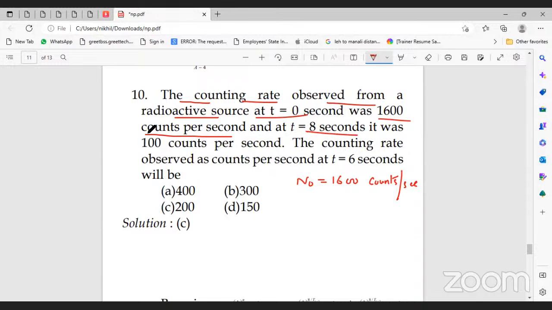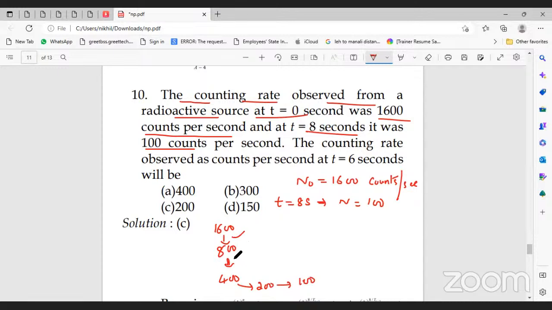After 8 seconds, the count becomes 100. Observe carefully here. 1600. For one half-life, it will become 800. For the second half-life, it will become 400. For the next half-life, it will become 200. For the next half-life, it will become 100.